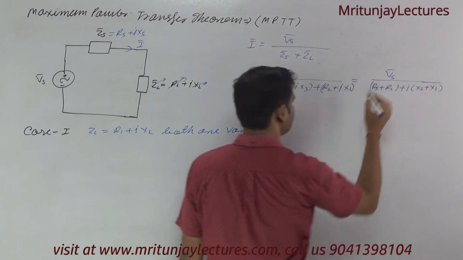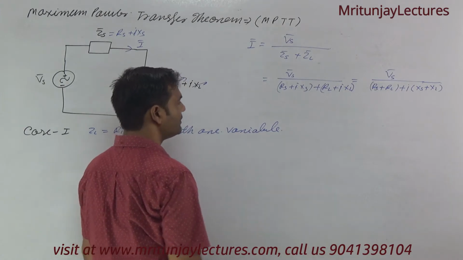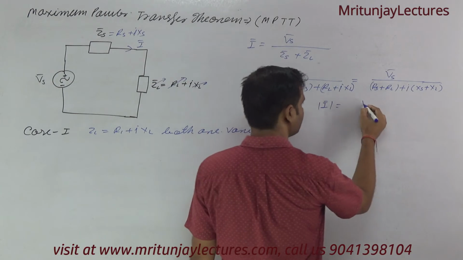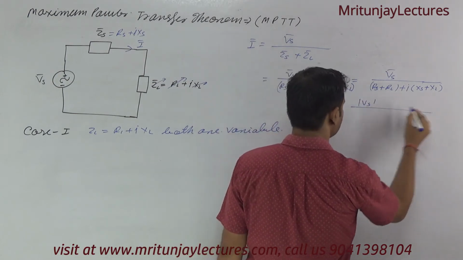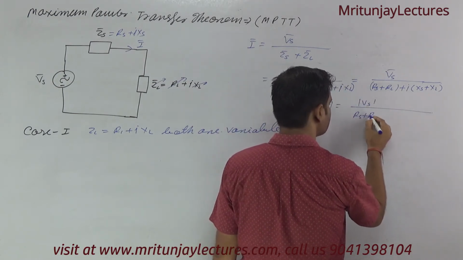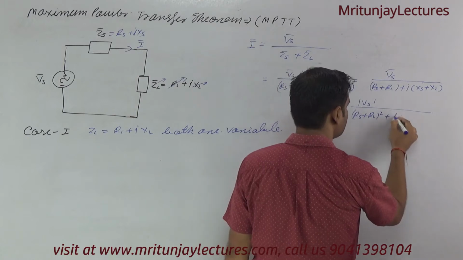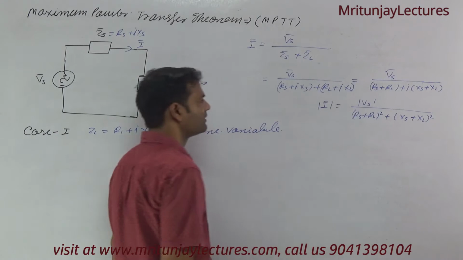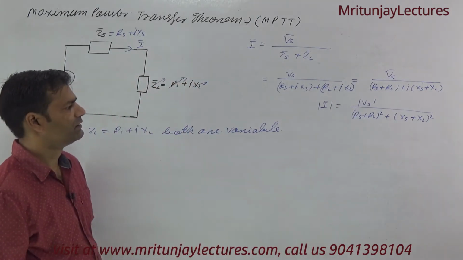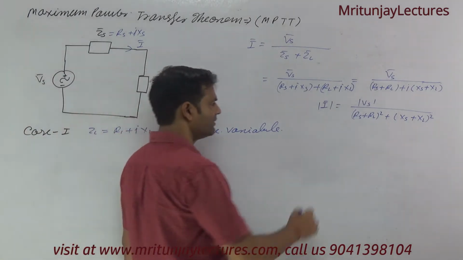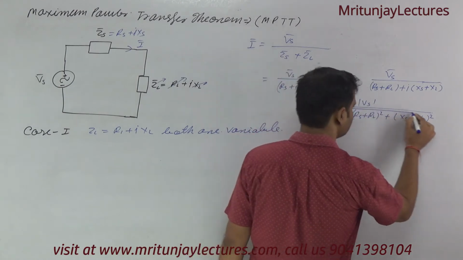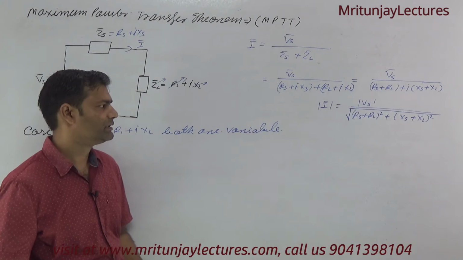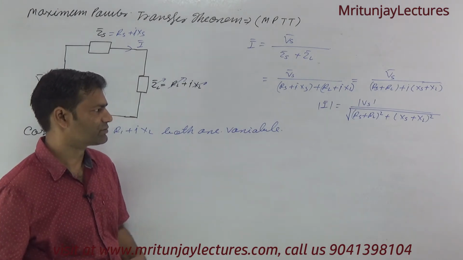Clear? What about the current in magnitude? That is Vs divided by the square root of Rs plus RL to the whole square plus Xs plus XL to the whole square. Clear?